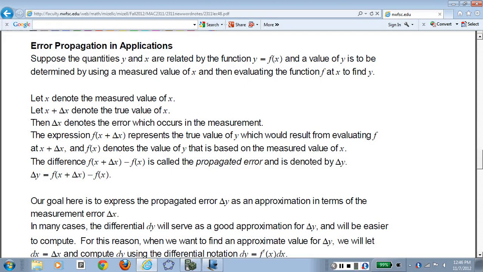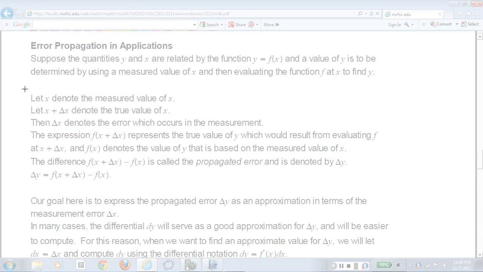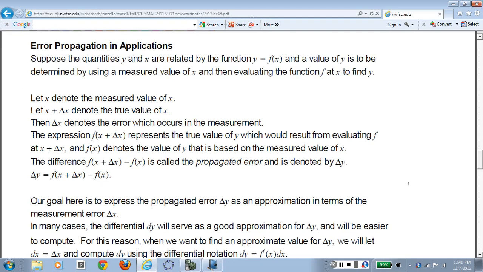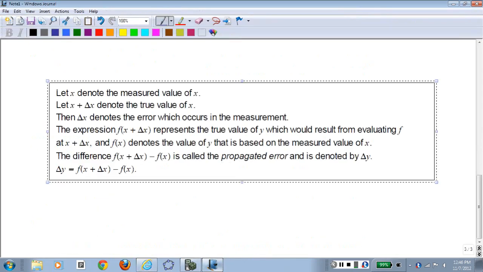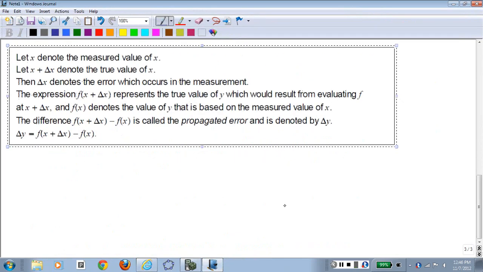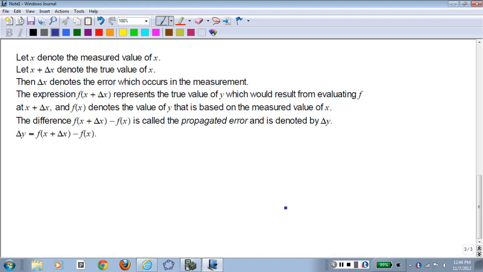So let's copy this little bit for the discussion, and I'm going to attempt a similar picture to one that I drew last time. We're going to let x denote the measured value of x, and we're going to use x in a calculation.